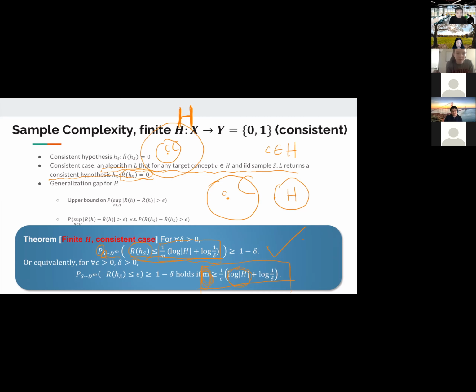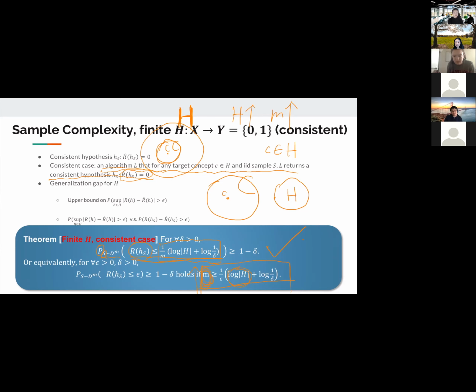If your H is larger, you will have a higher chance that your H would include this capital C. However, the price you have to pay is that your sample complexity will be higher, because with a larger H, M is also larger.